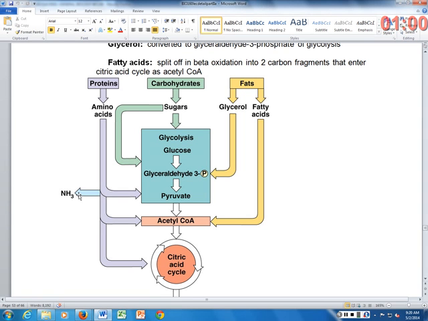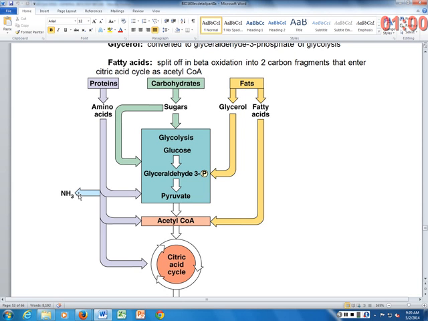So when you break off the fatty acids, most of these are 16 to 24 carbons long. Acetyl-CoA is only 2 carbons. So you're pulling off 2 at a time. One of the reasons why fats have so many more calories in them is if you've got 3 fatty acids, each of them with 16 carbons, and you pull off 2 at a time, that's going to be 8 from each of those fatty acids, 3 fatty acids in 1 triglyceride.